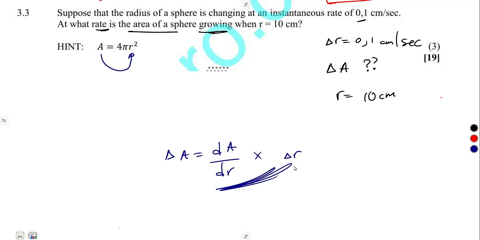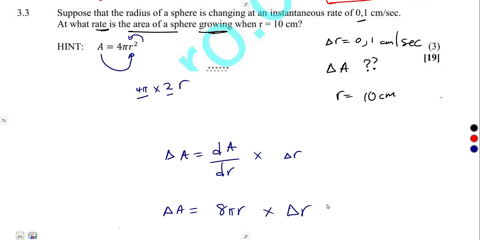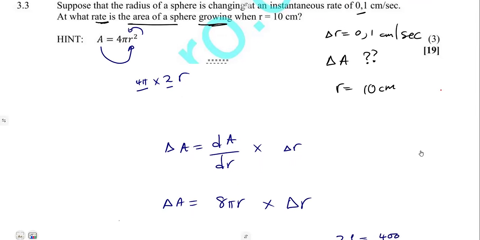So these two are supposed to be exactly the same. So that's it. So what is the derivative here of area with respect to r? You simply have to drop the power. So that's 4 pi times 2r. So 4 pi times 2, that's going to be 8 pi r like that. That's our derivative. Times what? The change or the increase in that radius.